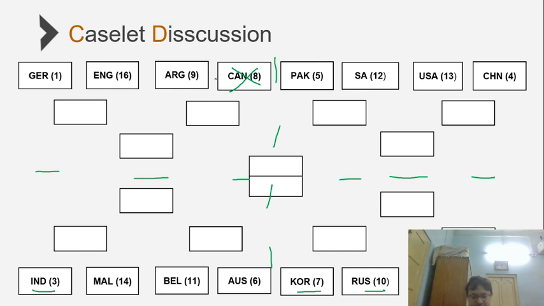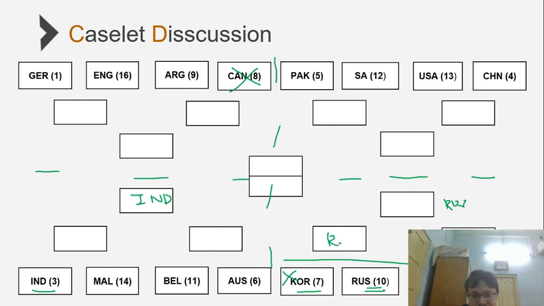If you look at Russia, in this quadrant Russia is the 3rd best ranked team. To meet India in the semi-finals, Russia must qualify to the semi-finals. And for that, 2 better teams must crash out, which means 2 upsets are required.